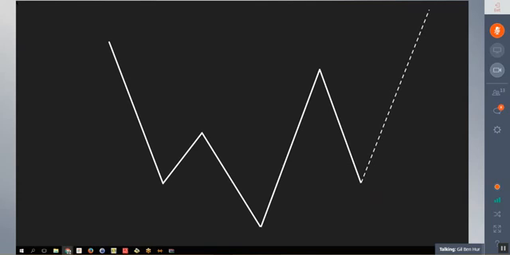Okay, so here we have a Quasimodo, and this is the Quasimodo level. Now, the little practice that we're going to do is look at the narrative of the Quasimodo in terms of order flow.